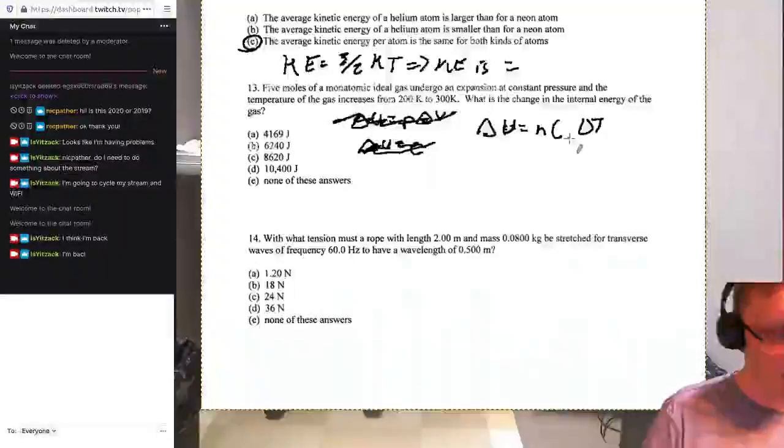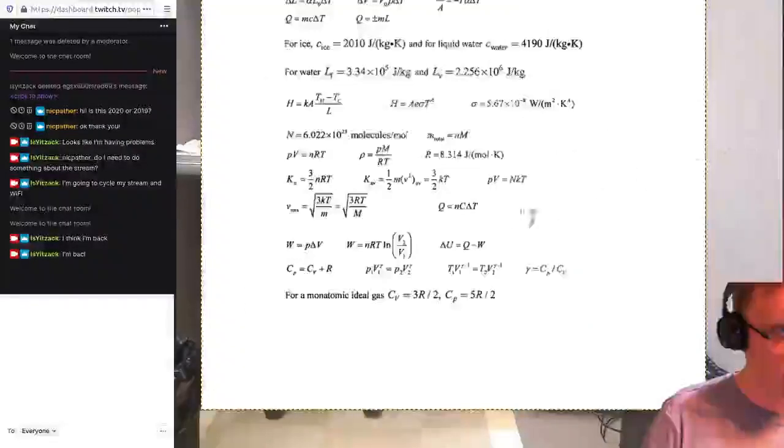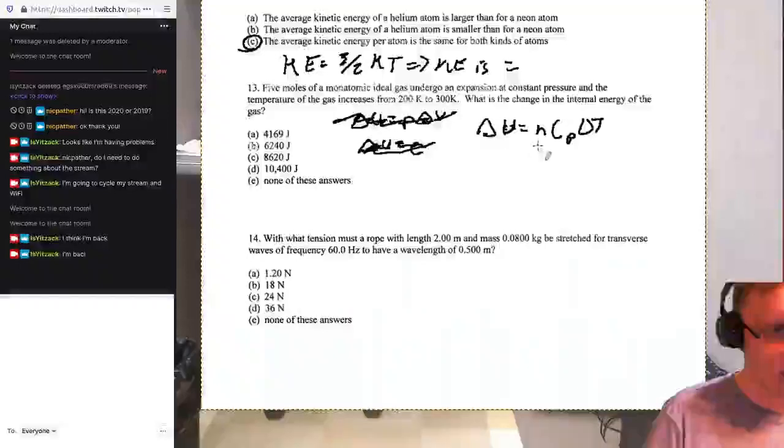And the question is, is it P or V? We are at constant pressure, so this is CP. CP for monatomic gas is, let's see here. Okay, here we are, CP is 5R halves.